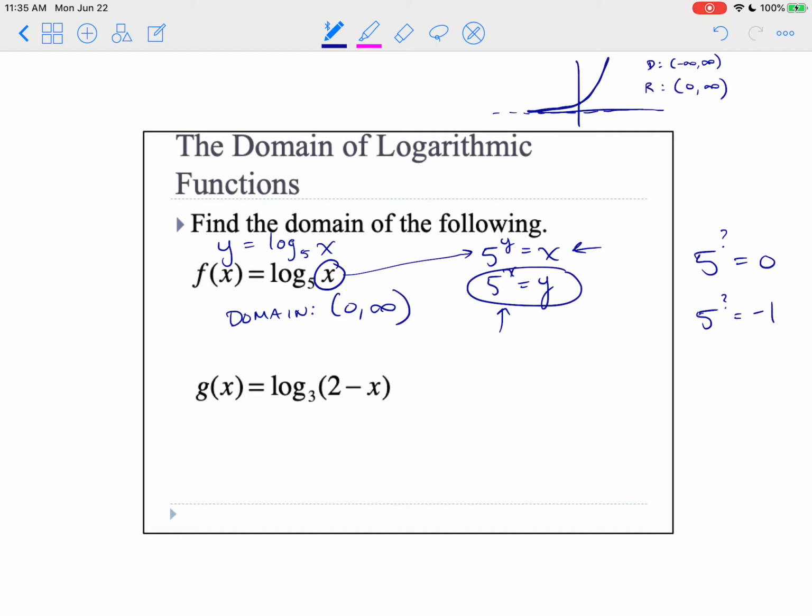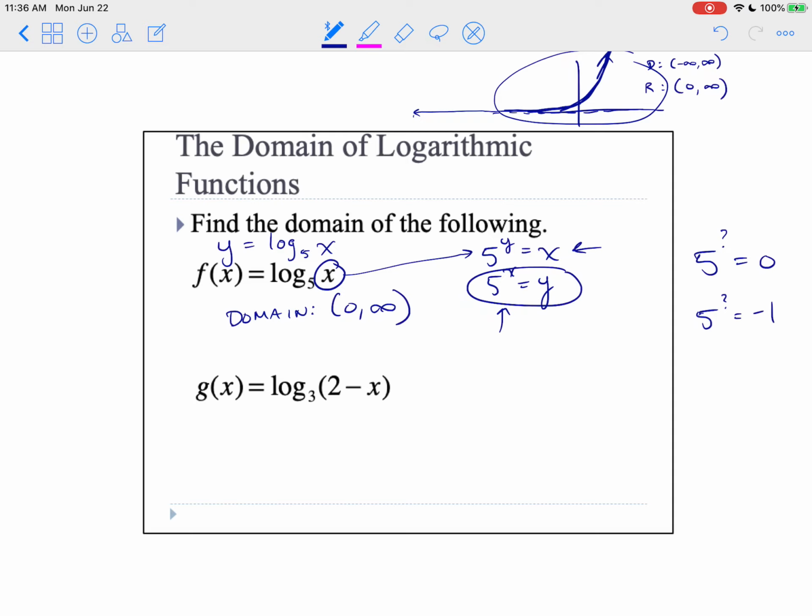And it turns out there is no value, because look at this exponential up here. Look at this graph. No matter what value I raise 5 to, I'm just going to get something closer and closer to 0 on this end, and I'm just going to get a really large positive number on this end. And so there is no value that I can raise 5 to get 0 or anything negative.